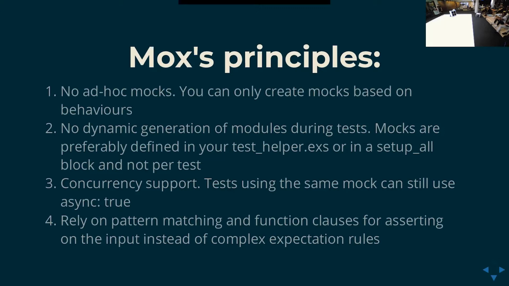And you rely on pattern matching and function clauses for asserting on the input instead of complex expectation rules. So this means that we will use pattern matching instead of those long clauses in our spec with expect certain mock to receive X with, and then the arguments that you want.